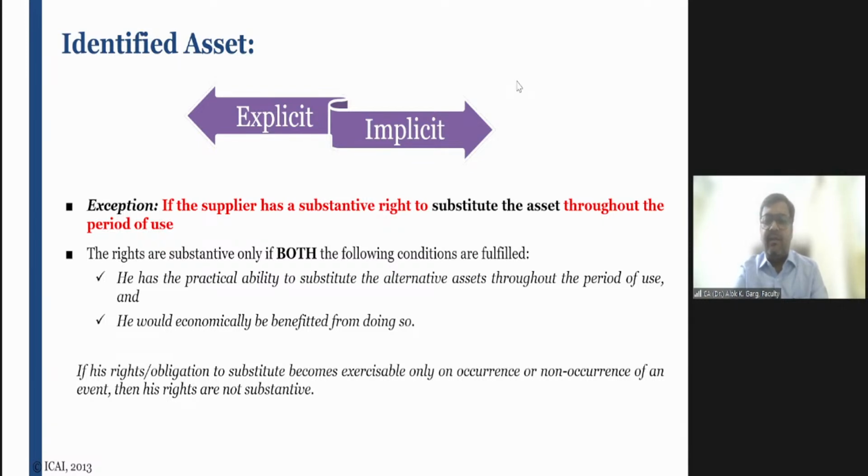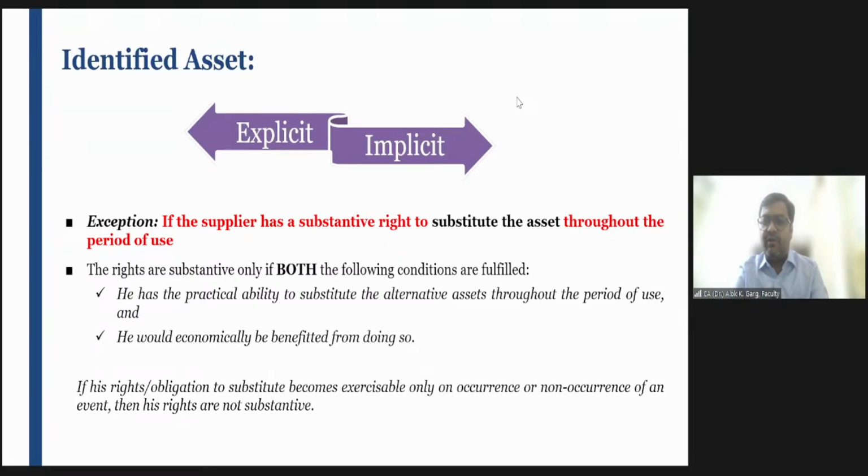For example, if the lessor has a single asset, a single property, and that asset has been constructed only for the purpose of the lessee, or in the premises of the lessee itself, then it is understood that the asset is given to the lessee and cannot be provided to anyone else. So even if the details of that asset have not been mentioned in the contract, it is implicitly implied that the asset is subject to a lease, right?